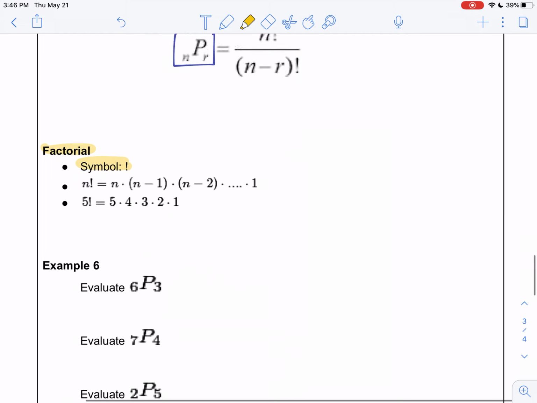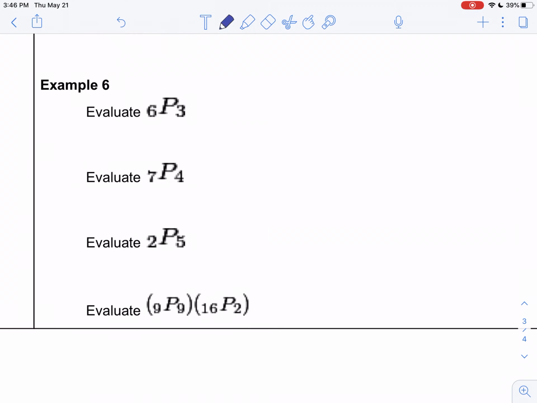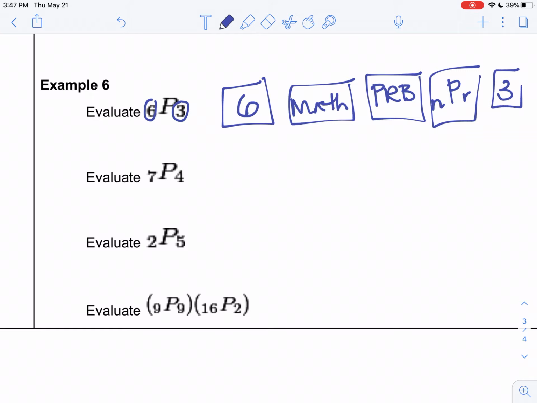So if we want to evaluate 6 items taken 3 at a time where order matters, on our calculator we are going to hit in the number 6. Under the math button, we're going to hit up the PRB for the probability menu, and we're going to look for the nPr button, and then we'll hit 3.